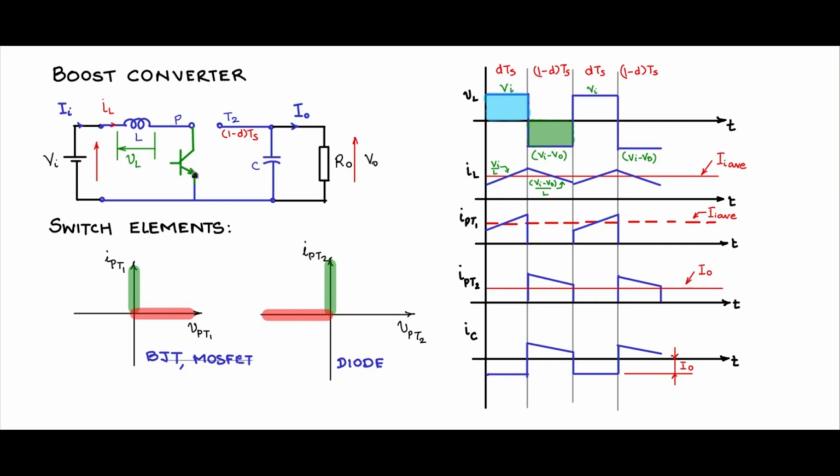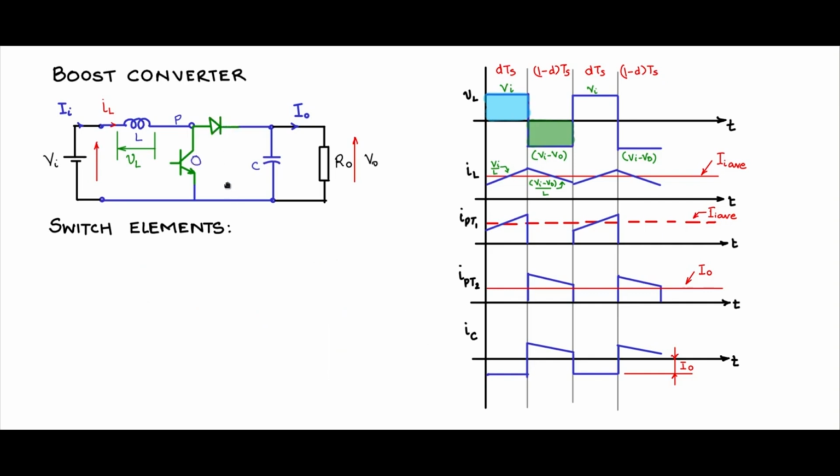So I have put this BJT in here to match this characteristic requirement. Then this PT2 we said matches a diode, so we will make some space there and introduce this diode here. So let us clear up, this is called Q and this is D. So this becomes the complete topology of a boost converter with the semiconductor switches in place.